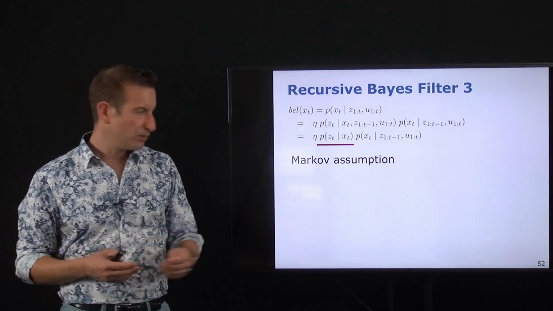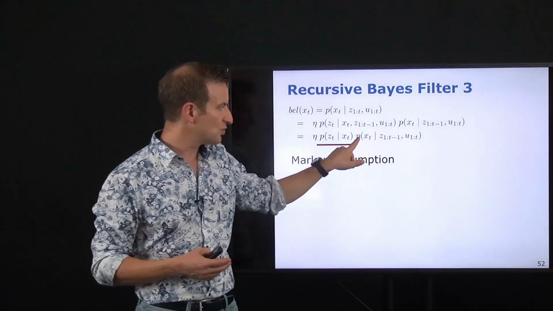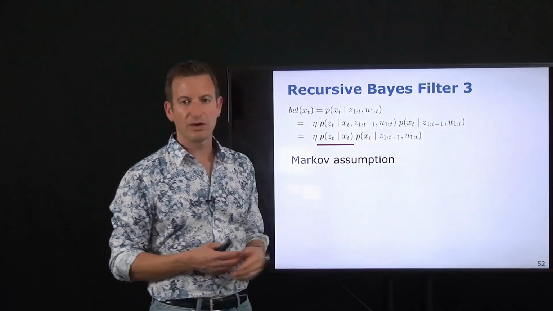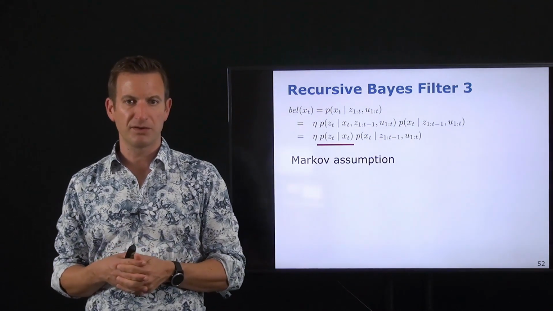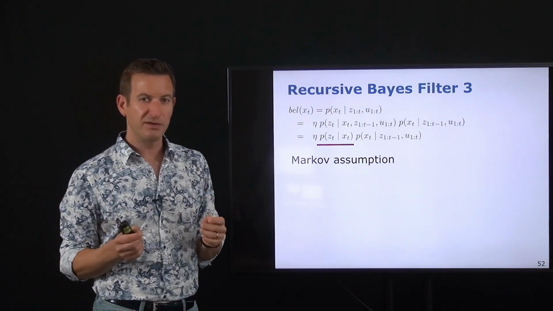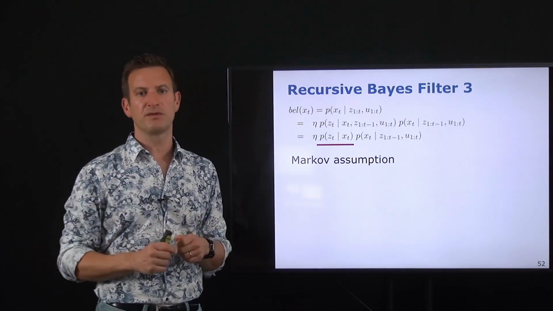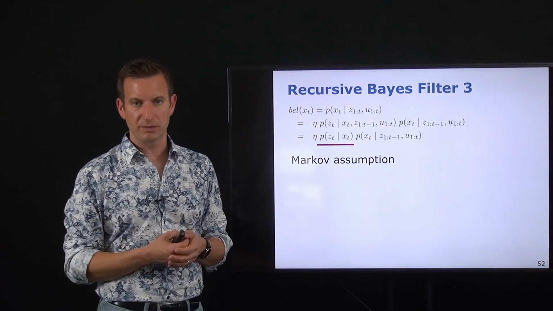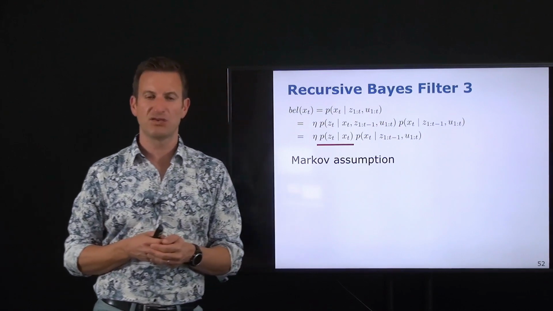The next thing we want to do is modify this part of the equation here. So this is what we're going to change now. And what we're going to do here is apply the law of total probability. With the law of total probability, we can introduce a new variable to the system that we are integrating over, and we introduce the variable xt minus 1.